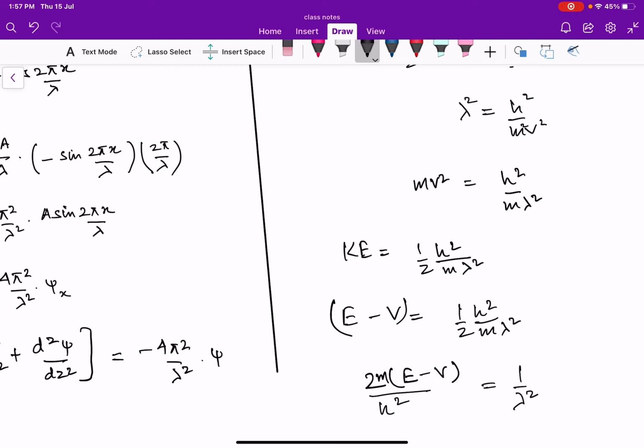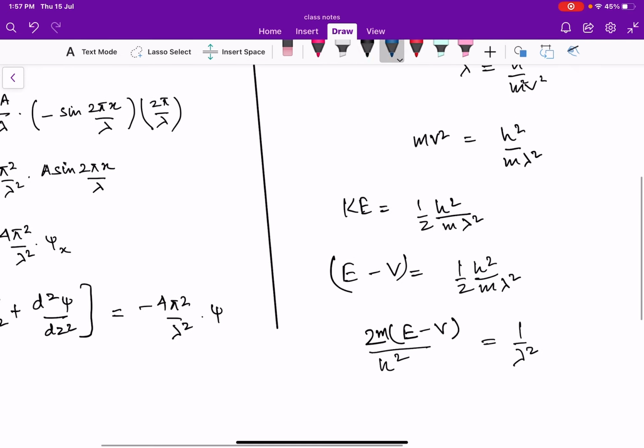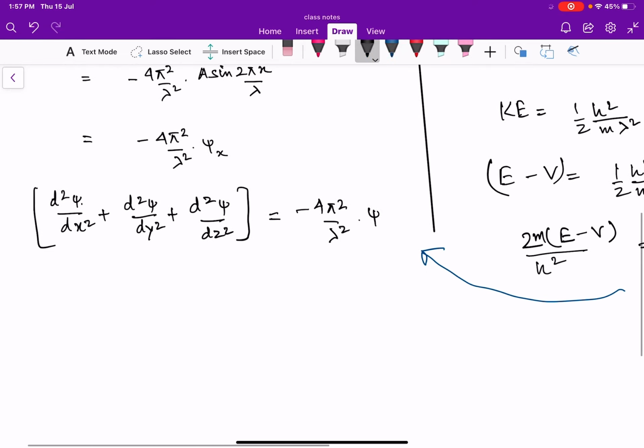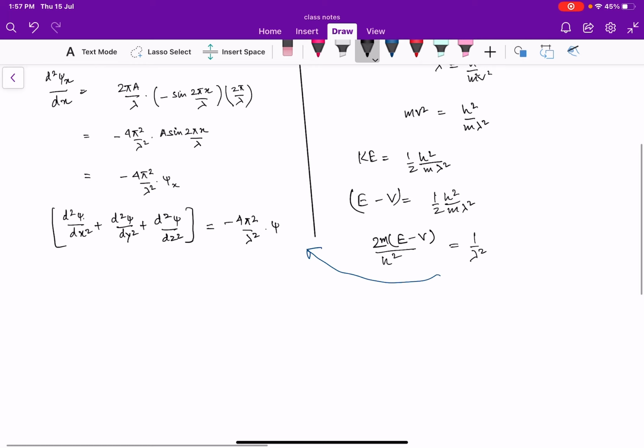So this is the value of 1 upon lambda square. Simply I am substituting the value of 1 upon lambda square in this equation. So what do we get actually? We get this.